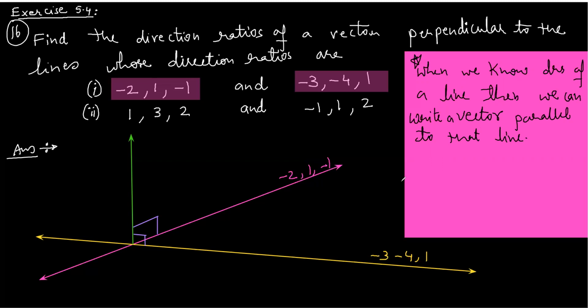So here you have a line, say this is line L1, and this one is line L2.